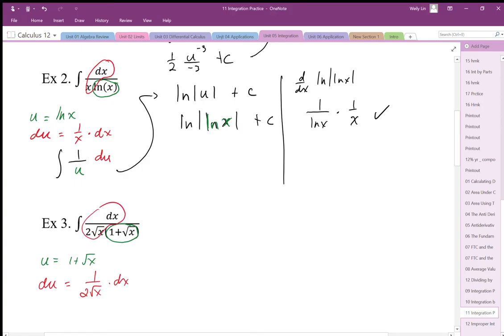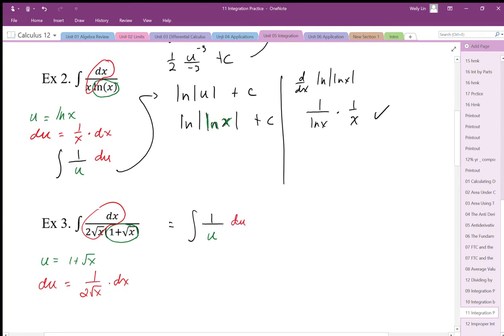So now again I can apply my substitution. This is the same as the integral of 1 over u, and then I can replace the dx over 2 root x with just the du. That du replaces all of that because they are equivalent.